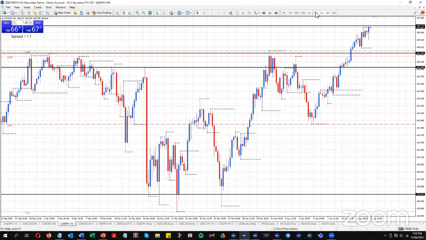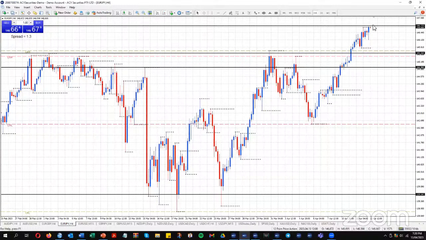Let's have a look at the four-hour chart. It's just an uptrend at the moment, not giving any clue of a change in trend. But we can all see that we're within 6 pips or so of that high. What is going to happen over the next 24 to 48 hours at that high?